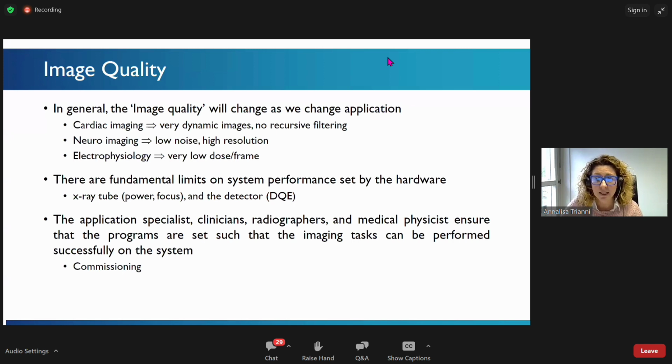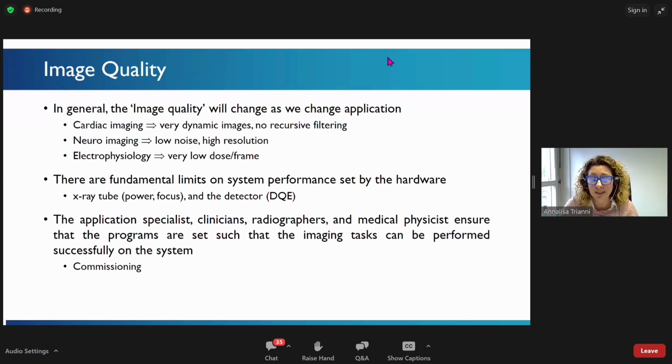And at the beginning, when the equipment is installed, the application specialists, the clinicians, the radiographers, and the medical physicists need to ensure that the programs meet the required image quality, so in order to perform tasks successfully.